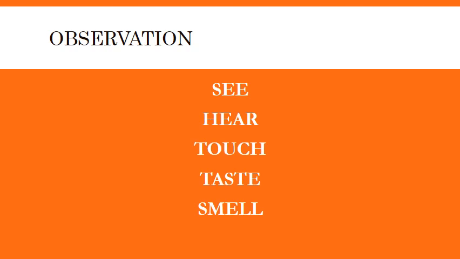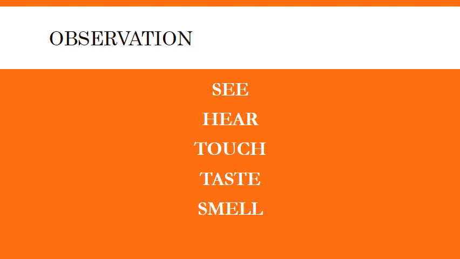So observation is a very important part of chemistry. And what do we observe with? We observe with the help of our senses. That's what, when we are talking about observation, we are talking about what we see, what we hear, what we touch, what we taste and what we smell.